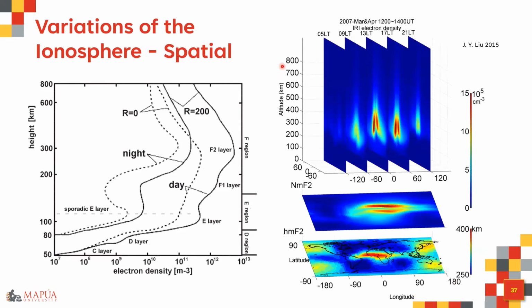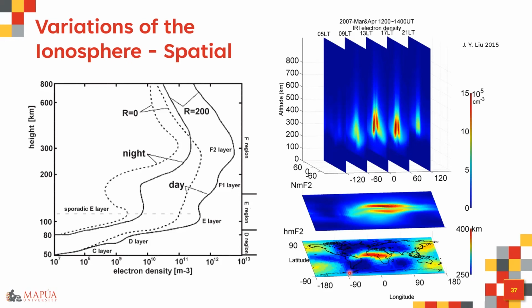In spatial variation, you can see that the ionization in the ionosphere varies with height. That's the first basic one. Higher heights mean higher ionization up to the peak layer, and then after the peak layer, the ionization decreases. Location is also very important.